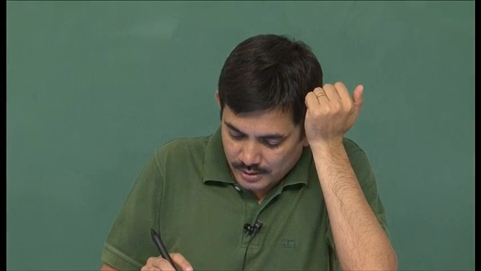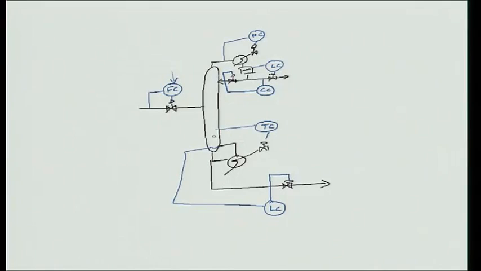So what would be done is that you have a maximum limit on the boil up, and let us say there is a boil up controller here that is adjusting the steam.